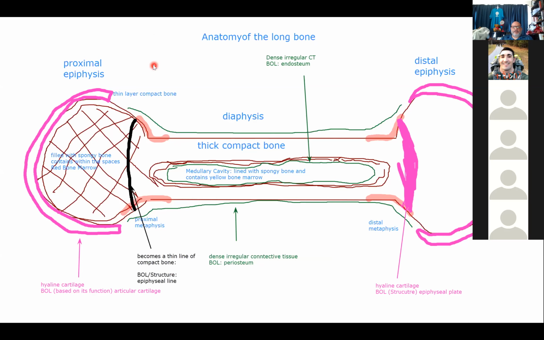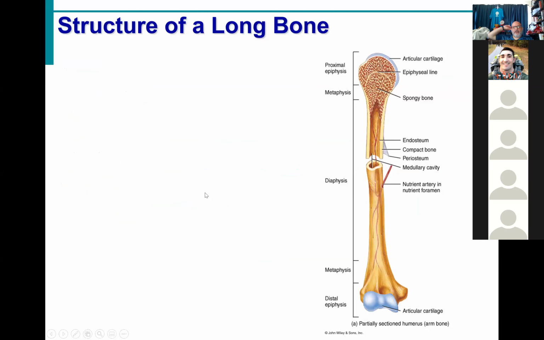All right. Excellent. I think we've hit all the highlights. Again, with my amazing drawing skills, I have done an amazing and incredible job of drawing this. But let's go back to the pretty picture from your textbook and see what that looks like. See if we got everything. Here is the picture from your textbook showing an actual long bone.